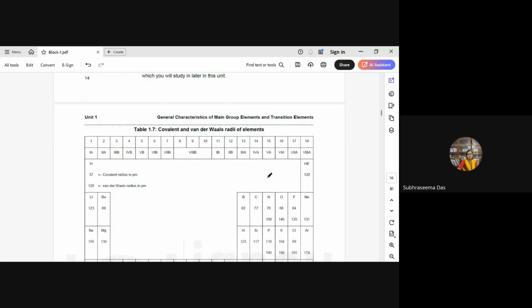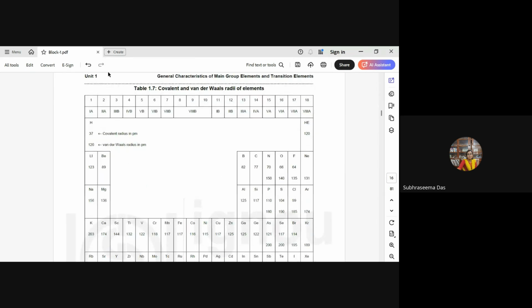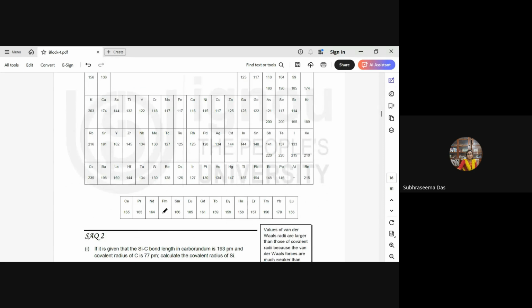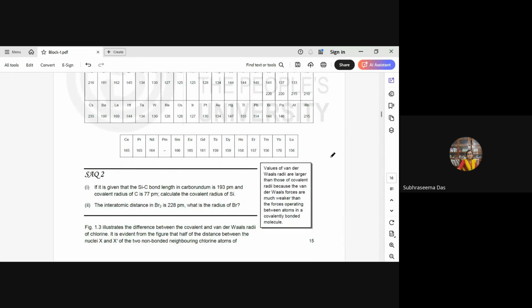As you can see, it is presented for all the elements. There is one very important conclusion we can draw: the values of van der Waals radii are larger than those of the covalent radii.